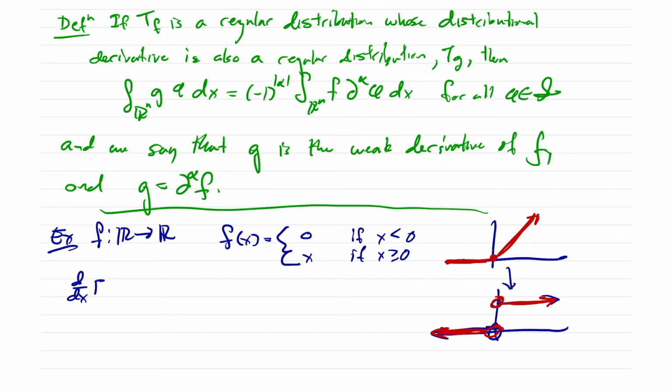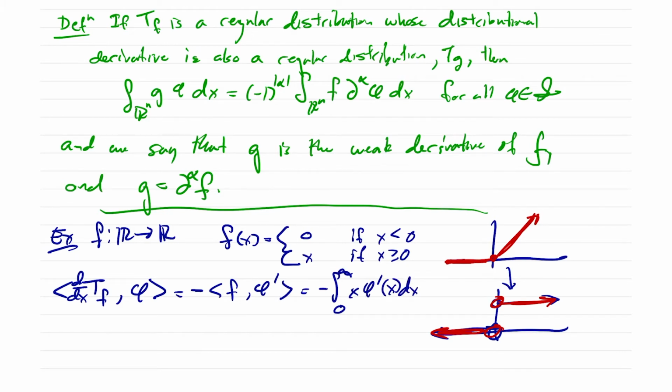of T sub f against phi is going to be equal to minus f against phi prime. If we write this out, it is minus the integral from 0 to infinity of x times phi prime of x dx.